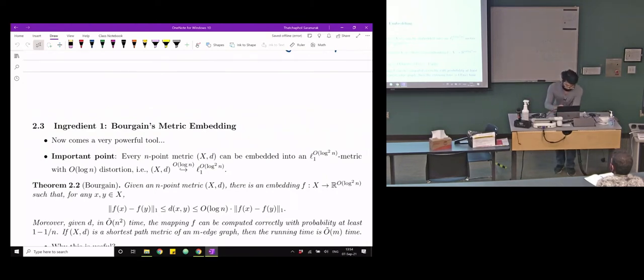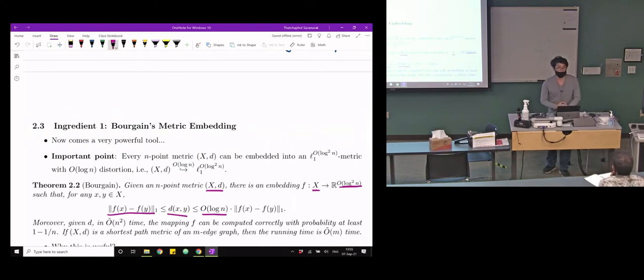So in other words, given x, you can map each point in x such that the following is true. The distance in L1 preserves the original distance within a log n factor. Is the dimension of points in x? Yeah, the dimension is log square.